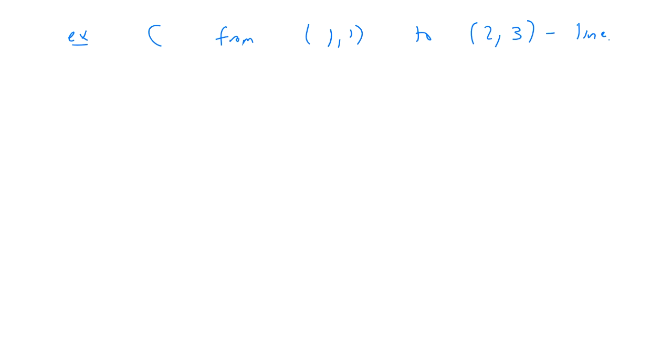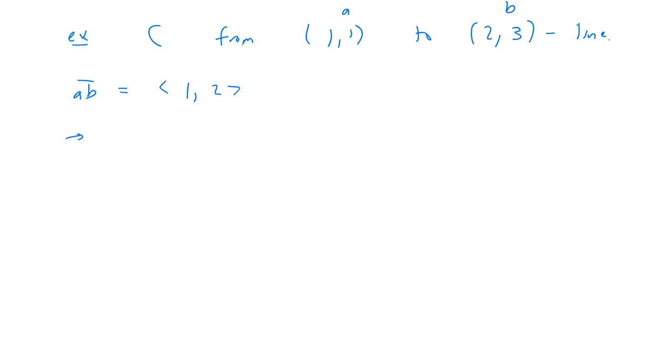So if I call this A and B, I would get the vector from A to B. In this case, we do care about the order of the points because direction matters. In chapter 1, we usually didn't care about the direction, so we didn't care what came first. Here, we definitely want to subtract A from B because we're going from A to B. So that will give us the vector 1, 2.